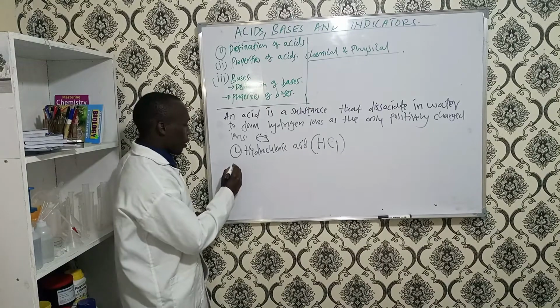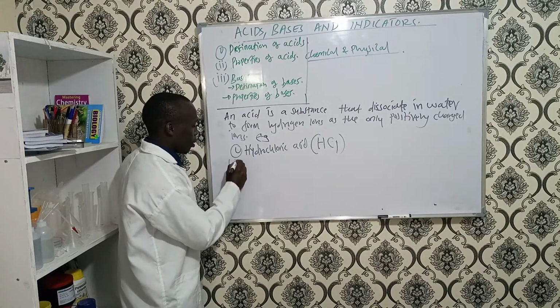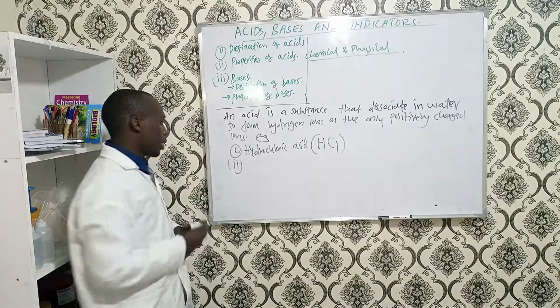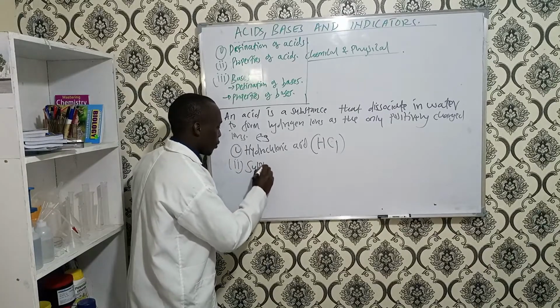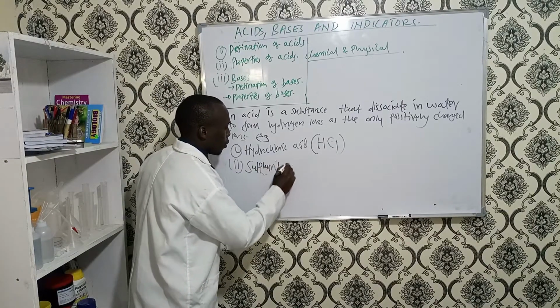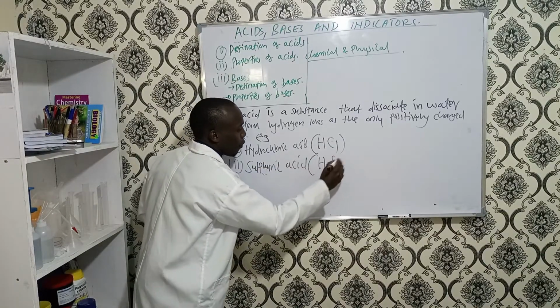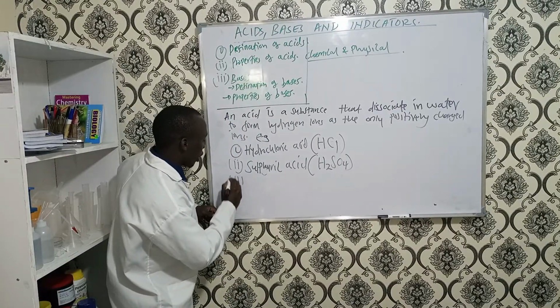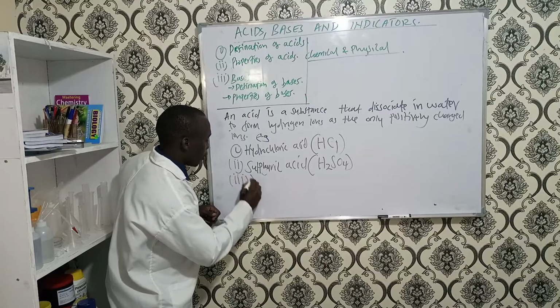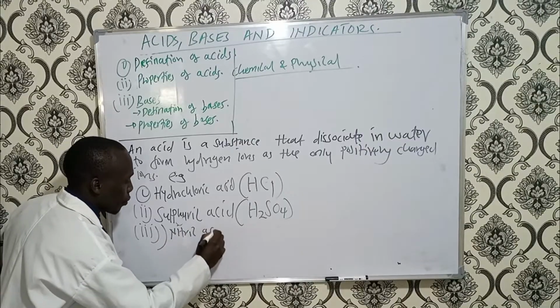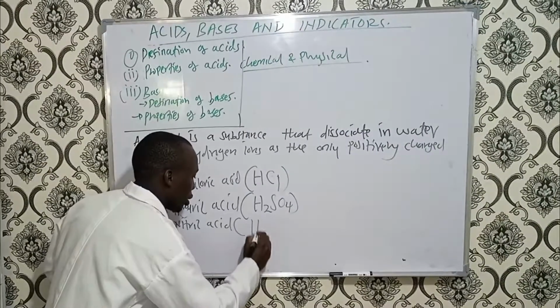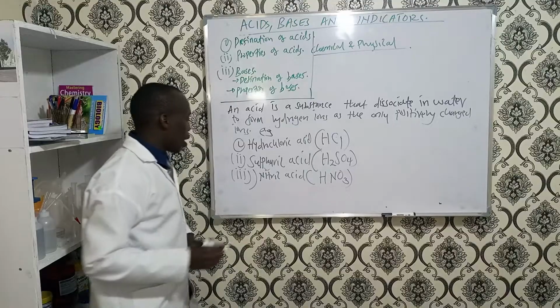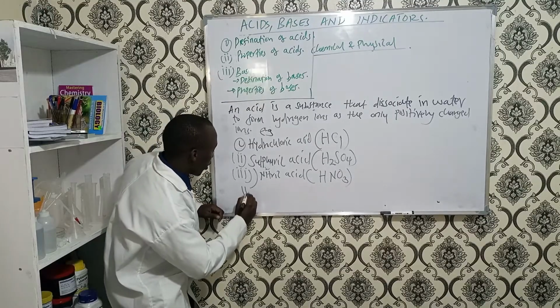We have another type of acid, which is sulfuric acid. Another type of acid is nitric acid. We have another type, which is carbonic acid.